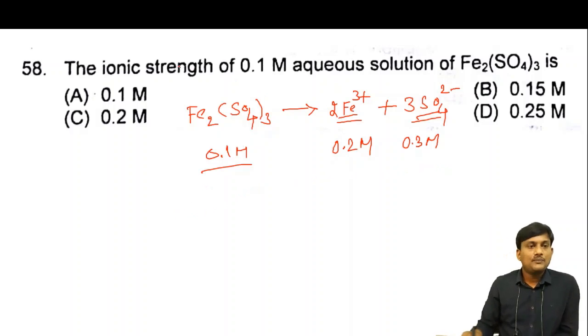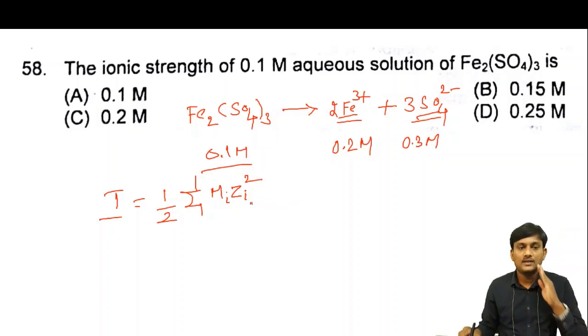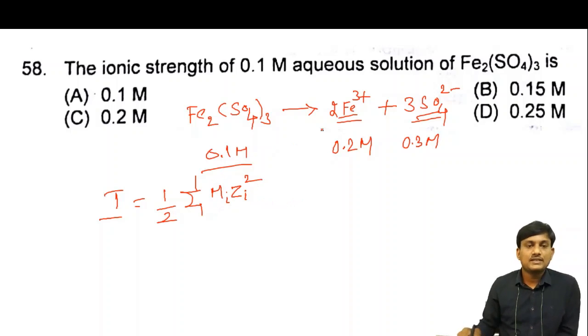Then what is ionic strength? Ionic strength I is equal to 1 by 2 sigma Mi Zi square. Here two ions are there. Here Mi is the concentration of a particular ion and Zi is the charge on that ion. So it will be 1 by 2.